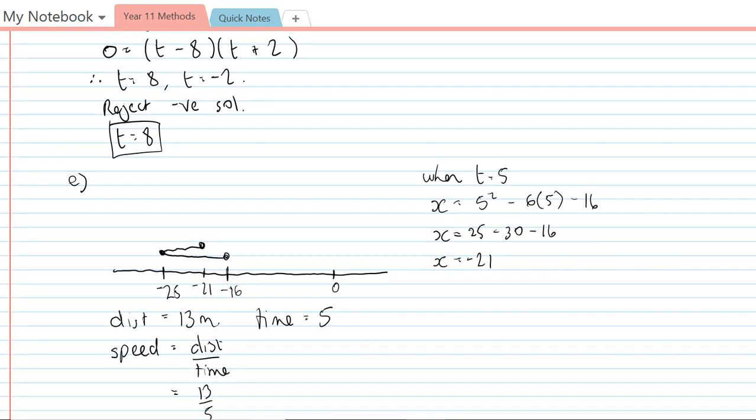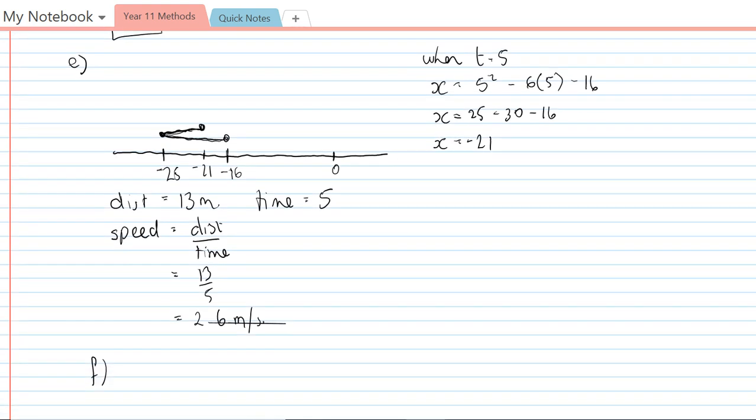It's had some velocity going negative, and it's gone more negative, but then it's come back and it's being countered by this positive part here, where the velocity is going to be a positive number. So the average velocity is going to be, I would assume, a smaller number than 2.6, and also it's going to be negative because it's still overall moving to the left. It's going from negative 16 to negative 21.